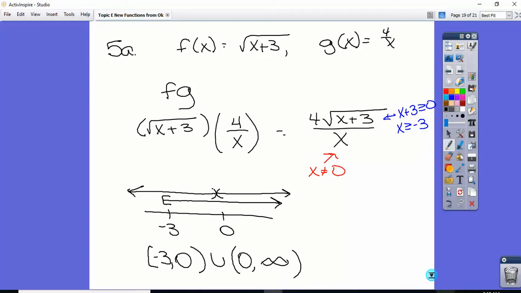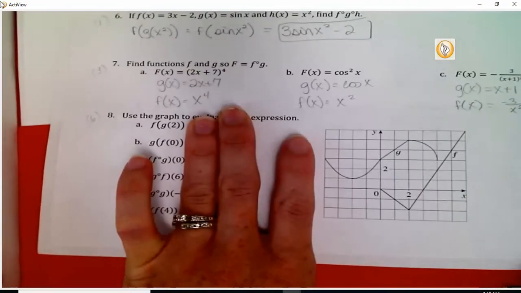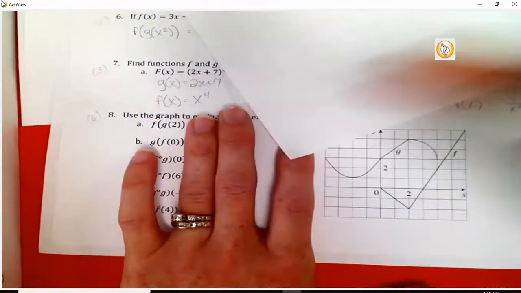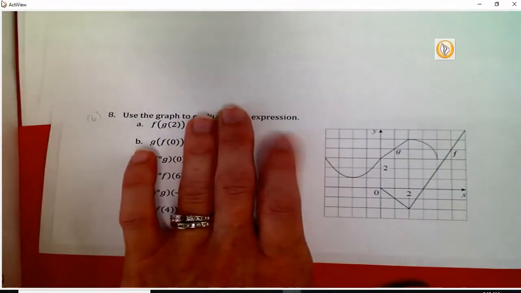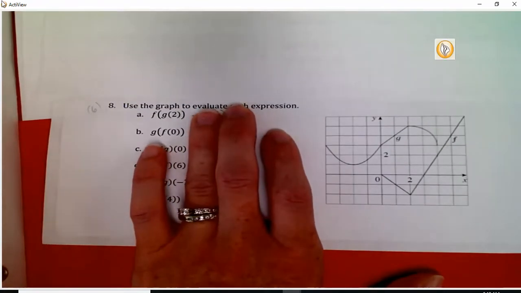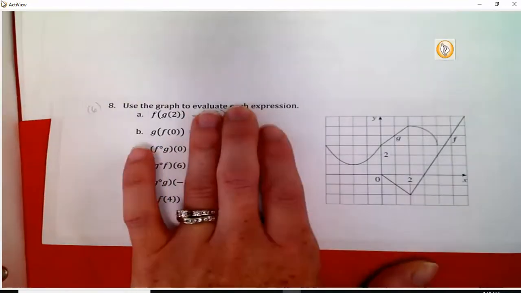Right, other homework questions. Okay, I don't want to show you all my answers, but problem 8 on the homework. We have to use the graph to find these things. So the first one, oh, I have your board frozen.